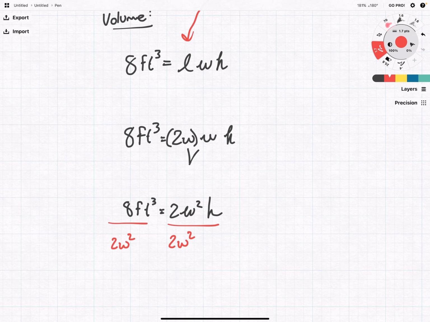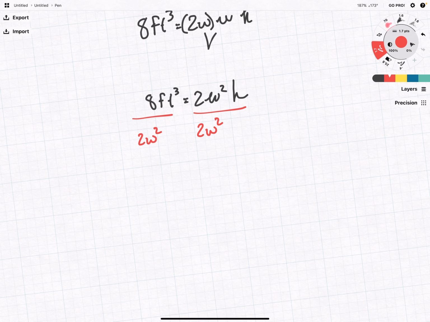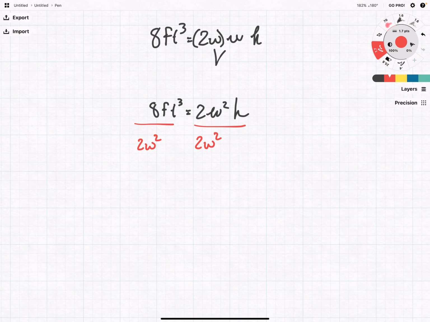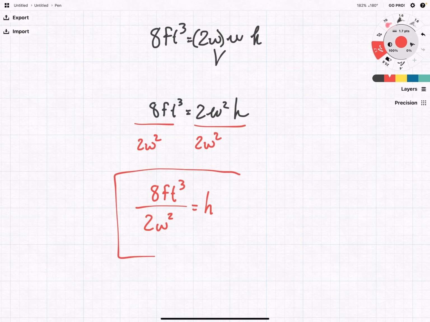And that's because I want to get my final answer as H in terms of W. So that's going to get us 8 feet cubed over 2W squared equals H. And that's our final answer.